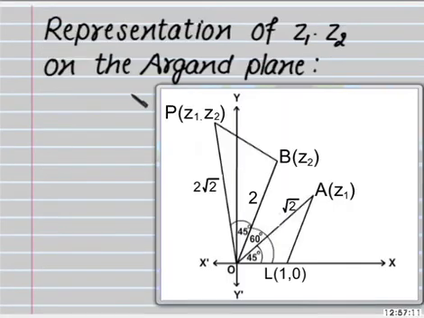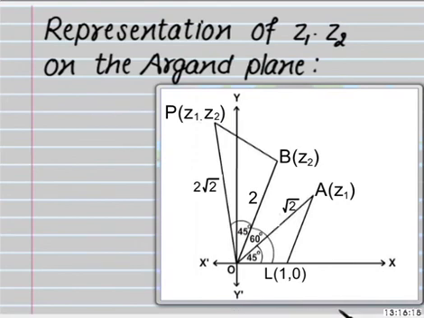To represent Z1 into Z2 on the Argand plane, first, take a point L of unit length on the real axis, making a triangle OAL.